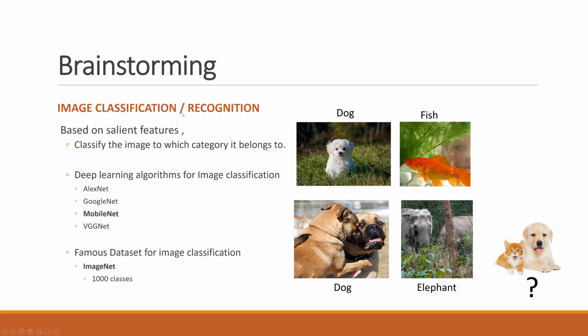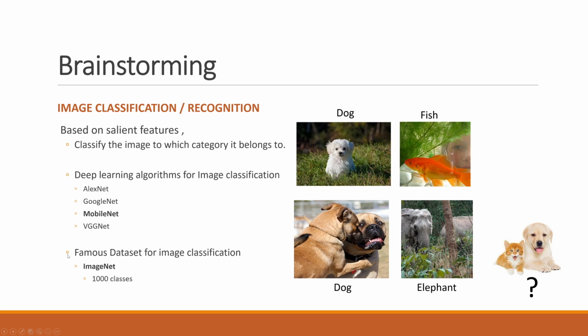For simple image classification and recognition, most of the classifiers are AlexNet, GoogleNet, MobileNet and VGGNet, and many others as well. In 2012, AlexNet was the pioneer of the image classification challenge, which beat human capacity. It was a major breakthrough in deep learning, and after that, many deep learning architectures have been revolutionized day by day.